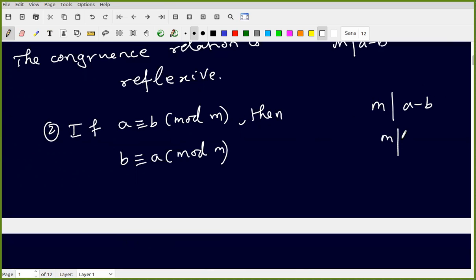So m divides minus of a minus b, which means m divides b minus a. Therefore, if a is congruent to b, then b is congruent to a. From this we write that the congruence relation is symmetric.